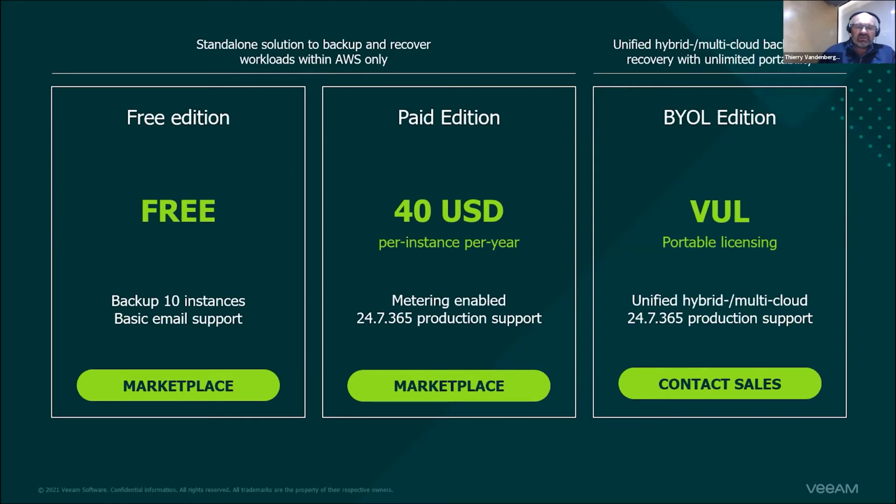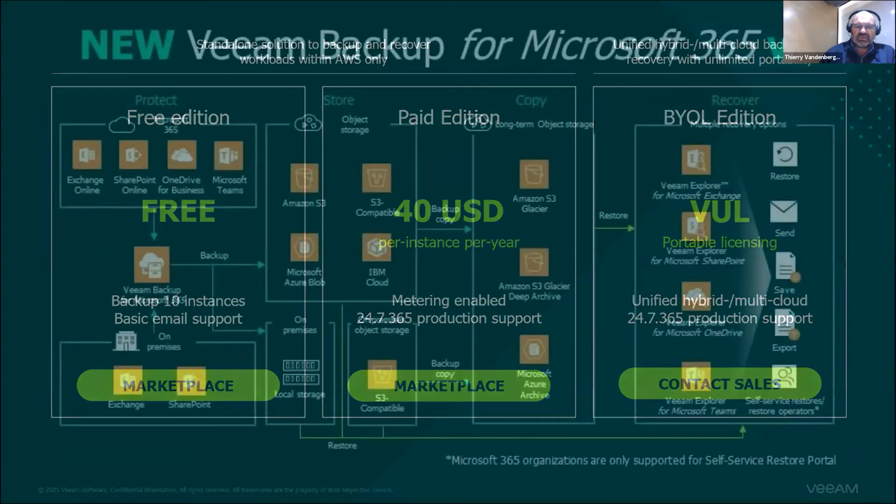The nice thing is, if I use an instance to back up something, from the moment there are no more restore points from a month old, that instance will be freed. The Veeam software will see it as no longer in use, the instance will simply be added back to your available instances, and you can use it to back up something else. So that's the nicest and most flexible way to buy your licenses.